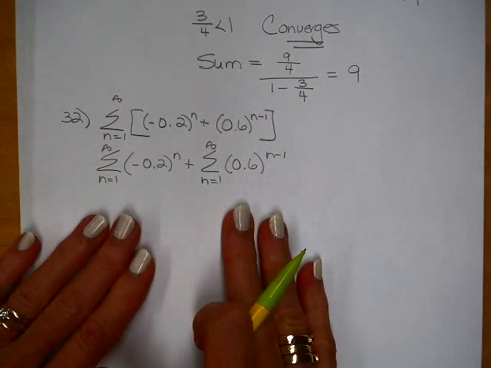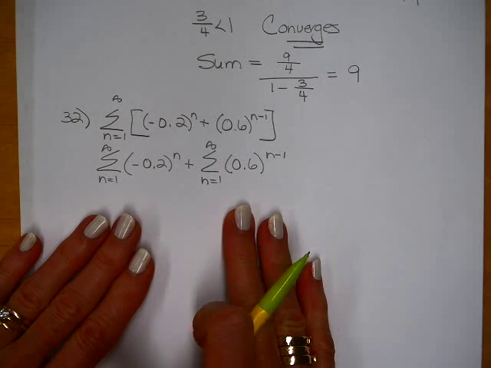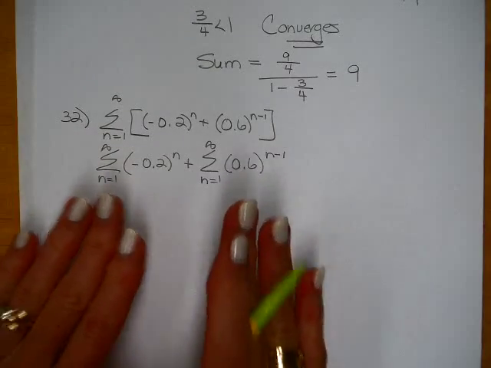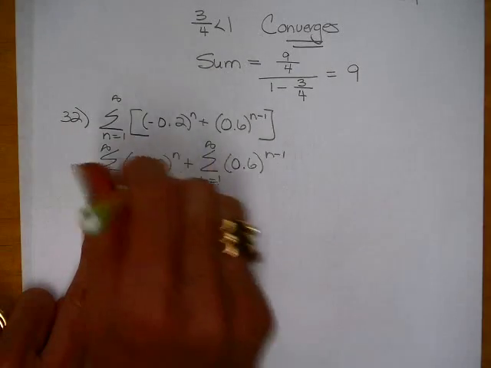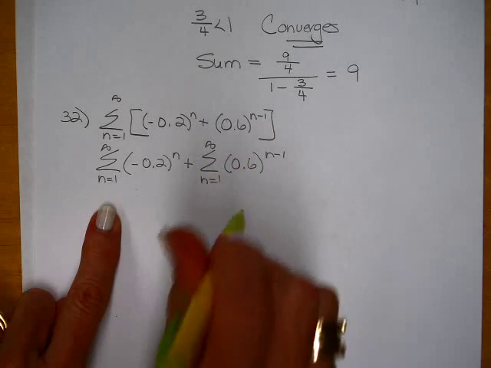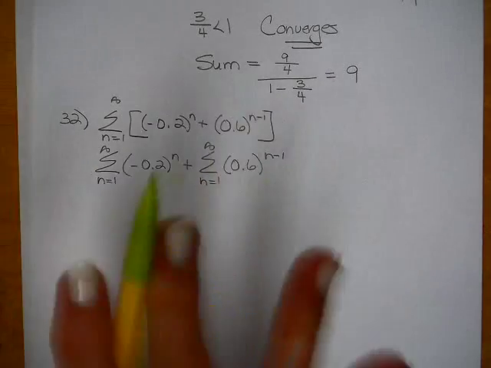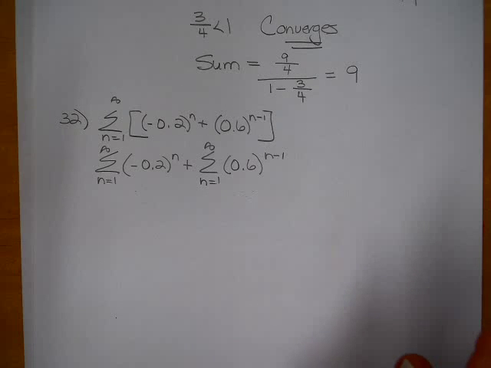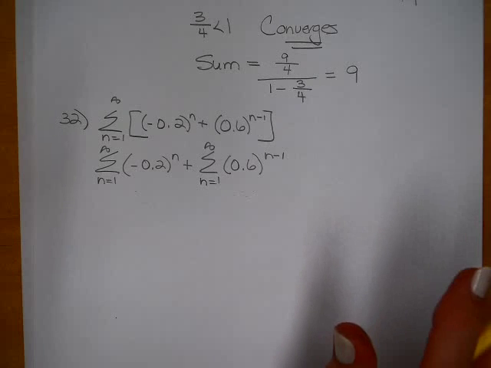You split this in two. Now, for this to converge, they both have to converge. If one of these diverges, then the whole thing diverges. Okay, you following? It's an all or nothing deal.